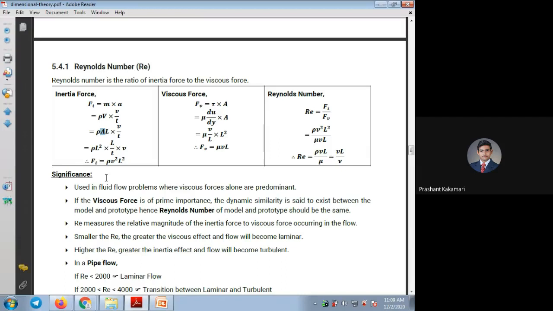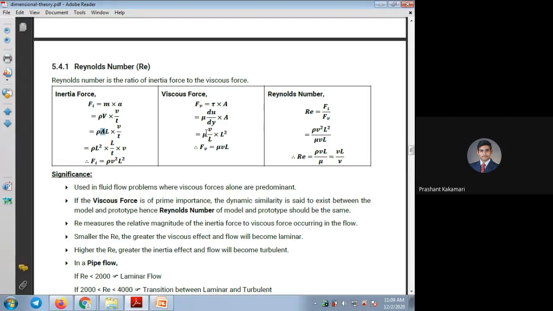Now for the viscous force, you all know that tau equal to mu into du by dy, into area. Tau is the shear force or the viscous force, written here as Fv. So, tau equal to mu into du by dy, into the area on which the shear force is acting; that is called the viscous force.